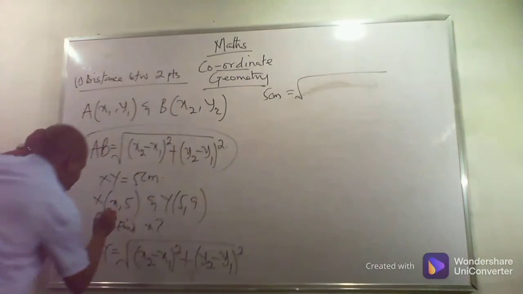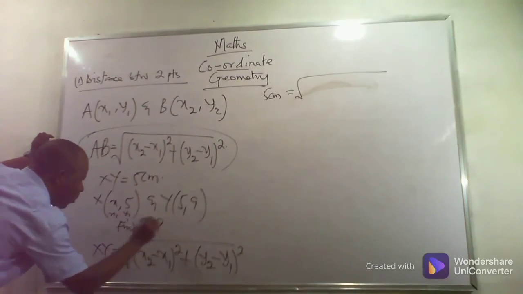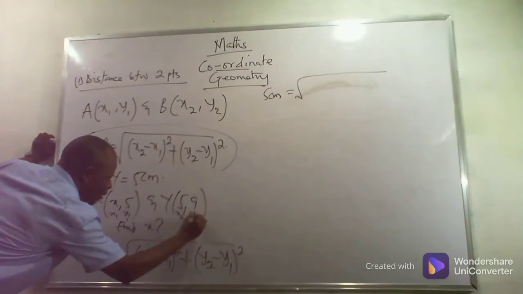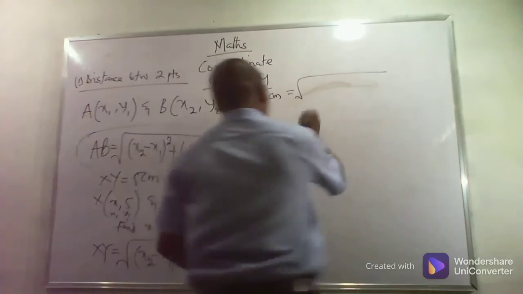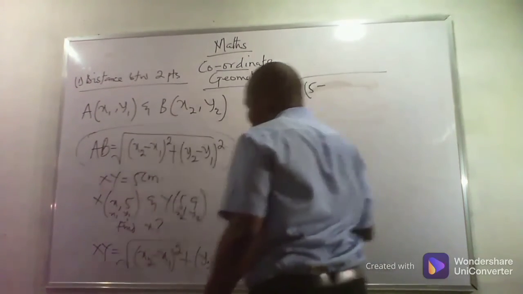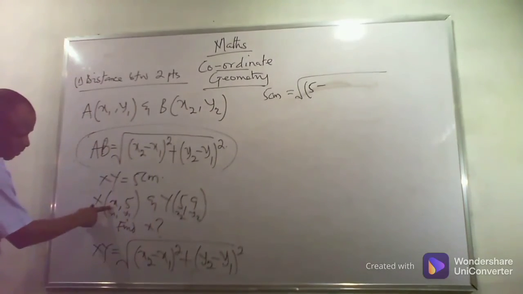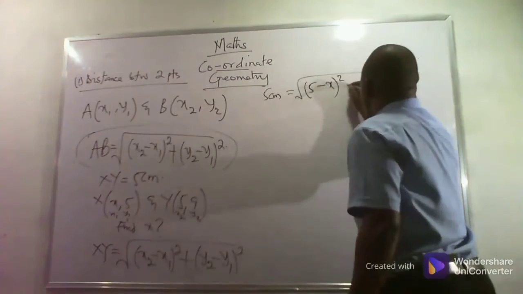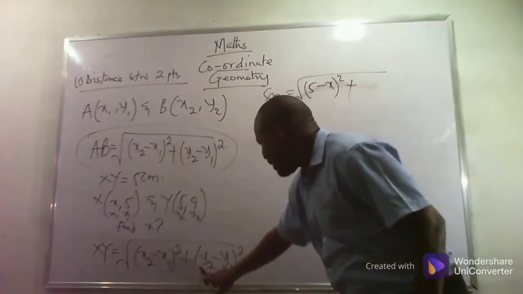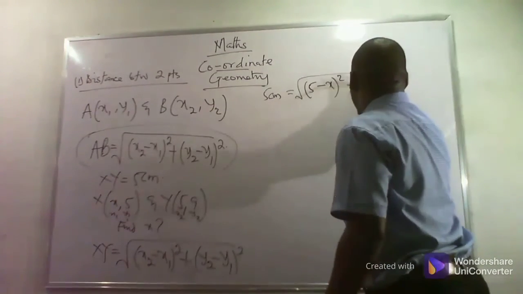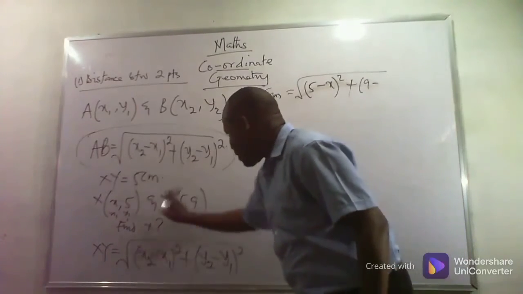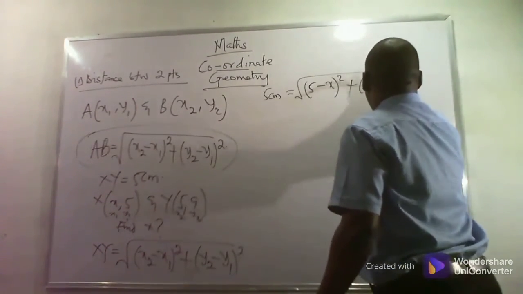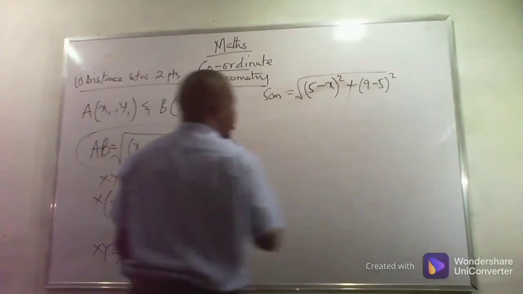Let me label this x1, y1, x2, y2. So what's our x2? 5 minus what's our x1? x. Everything squared. Plus y2. What's our y2? 9. Minus what's our y1? 5. Everything squared.